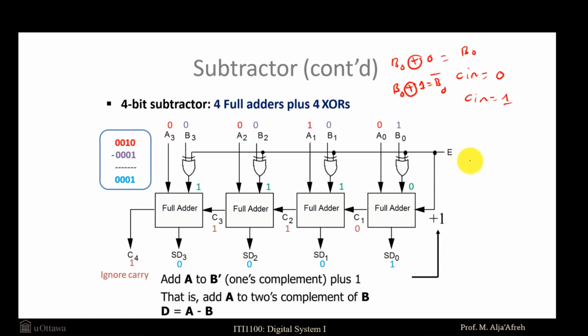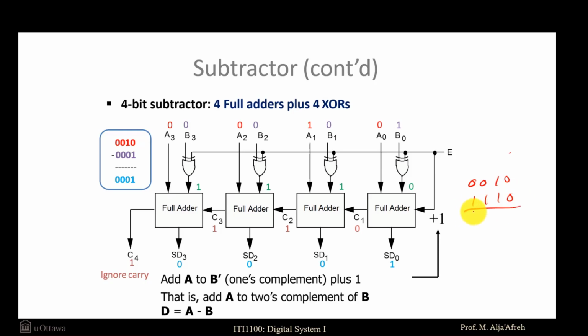So basically we have 0010 and 1110. Let's do the direct addition between them: 0010 plus 1110 gives 0000 with a carry out of 1.